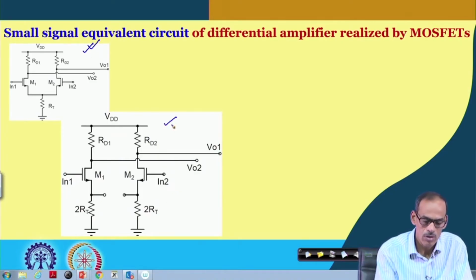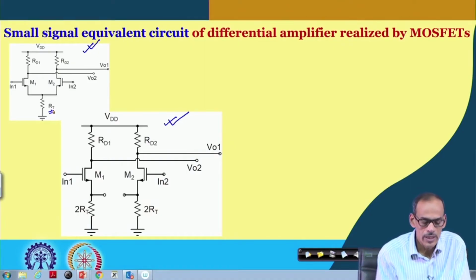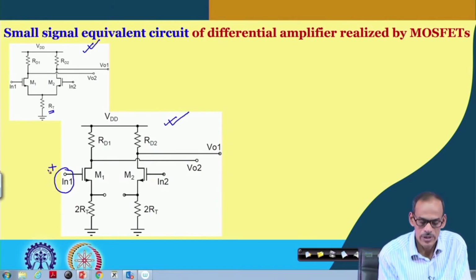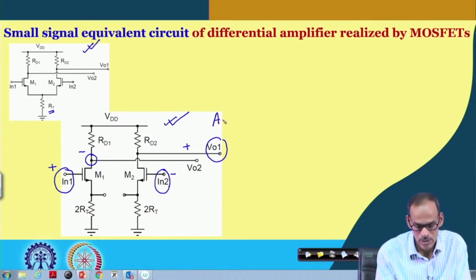We may consider this one or the customized one here after splitting the tail resistor into identical elements, and here again we call this the positive side of the input, namely non-inverting input, and this node in 2 we consider the negative side of the input, and with this we declare this the positive side of the output, and on the other hand this is the negative side of the output, so that we get the differential mode gain positive.